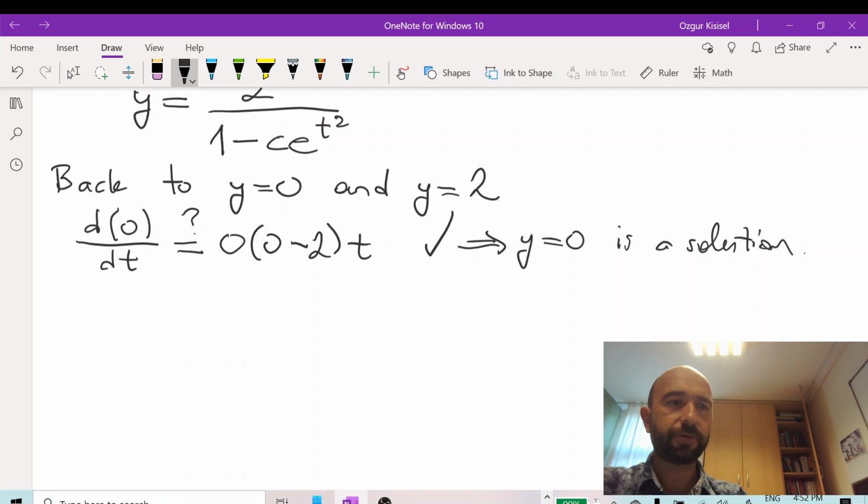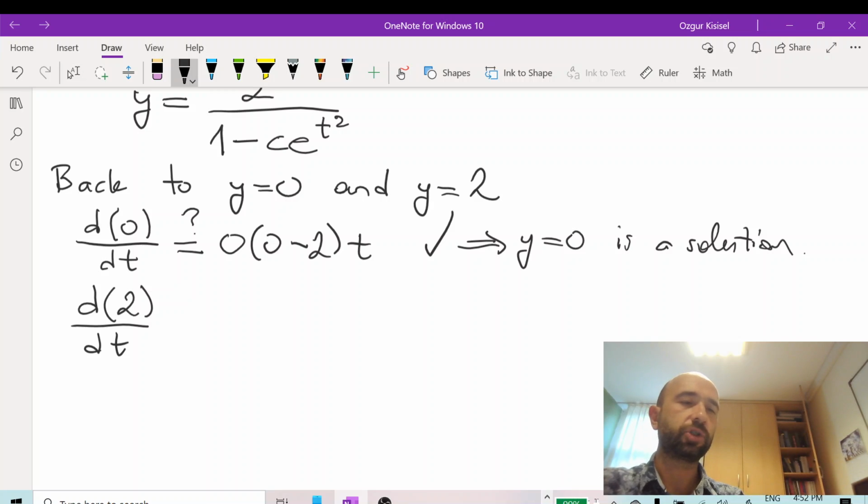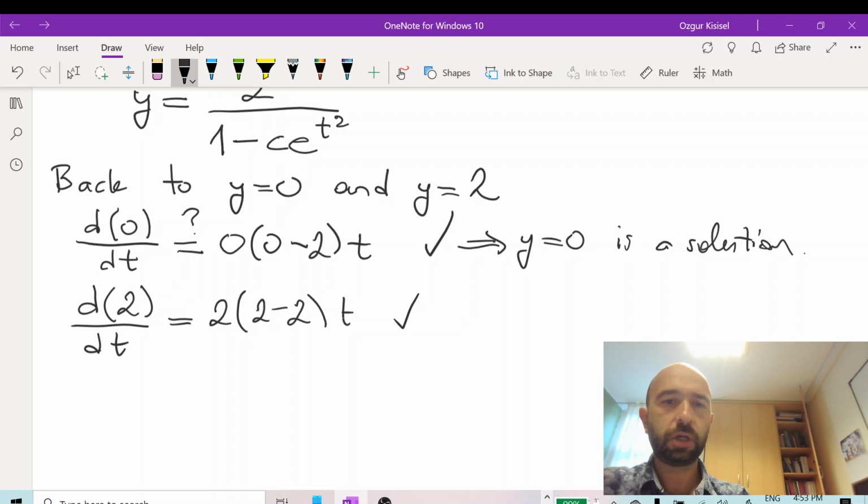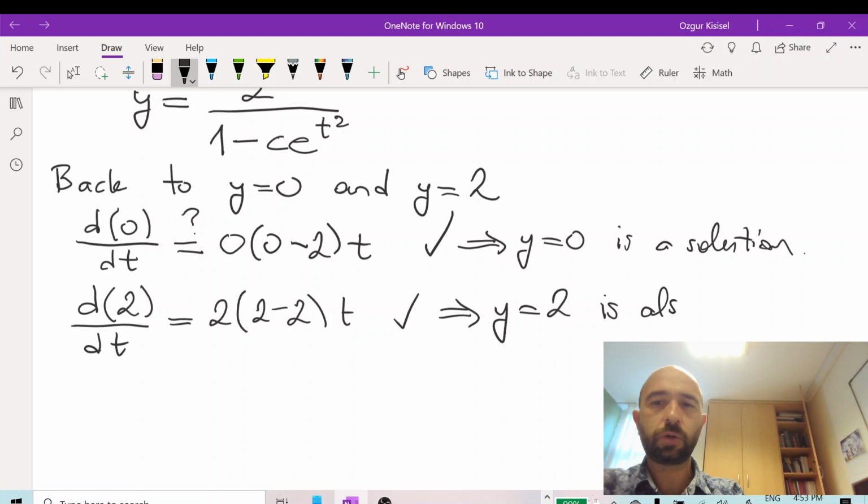And the same type of thing happens for y equals 2. I mean, y equals the constant function 2. This is again 0, and on the right-hand side, you also get 0, as you see. So y equals 2 is also a solution.